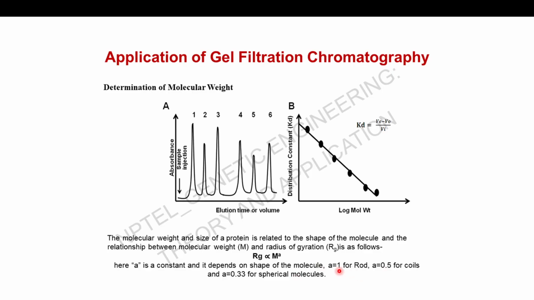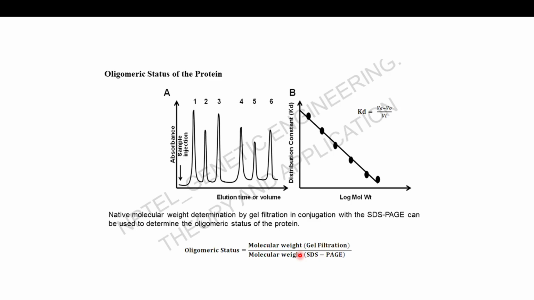Like different kinds of shapes can have different kinds of constant here. You can also determine the oligomeric status of the protein via SEC. The native molecular weight, definitely, if your protein is a monomer, is eluting out as a monomer.